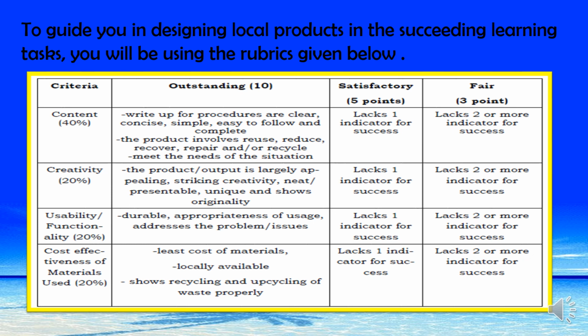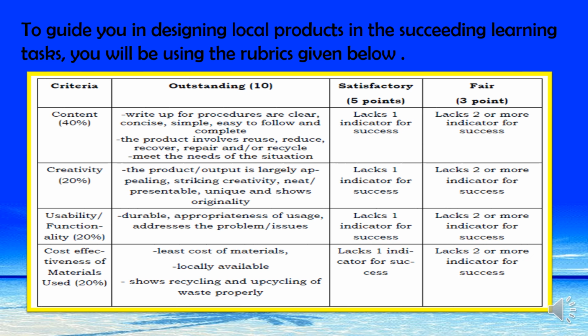And the product or output is largely appealing, shows striking creativity, is neat, presentable, unique, and shows originality. It is durable, appropriate in usage, and addresses the problem or issues. And it has the least cost of materials, locally available, and shows recycling and upcycling of waste properly.